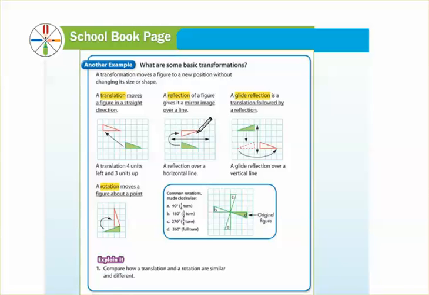Then we have a reflection, which is the mirror image, and that does change the shape, not the shape, but it changes the direction of the shape. Then you have your glide reflection, which is a reflection and a glide at the same time. And then a rotation is moving about a point or through an angle.